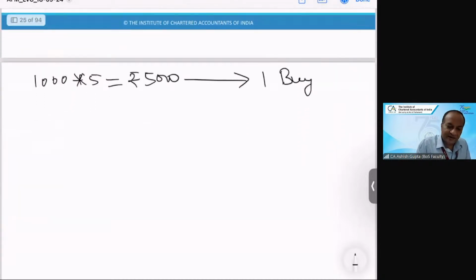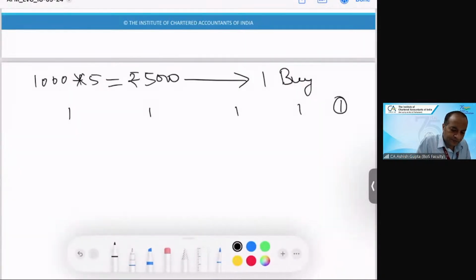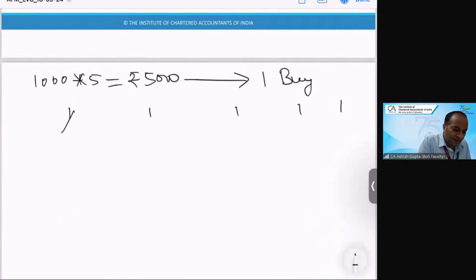Okay, it is clear now. Now what happens? Each of you will have a holding of 1/5 share of this company.